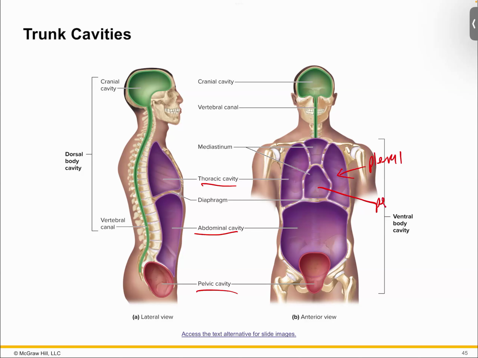This is your pericardial cavity. And this is your upper mediastinum. And then you have your big diaphragm right here. And then you have your abdominal cavity right here with all of your organs in it. And then the lower portion will be your pelvic cavity.